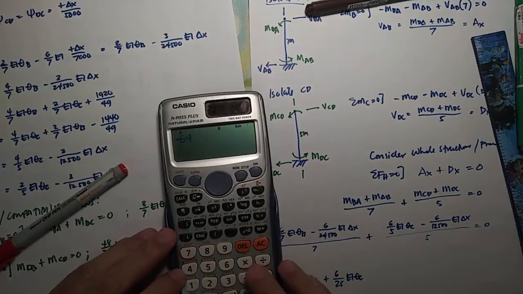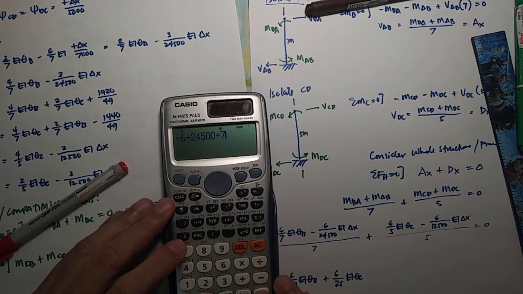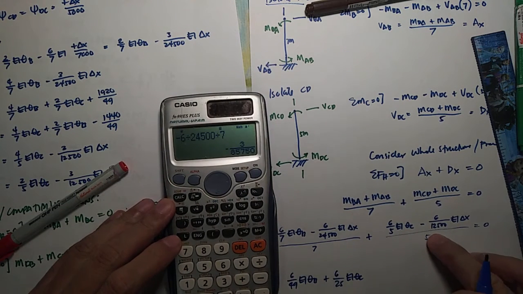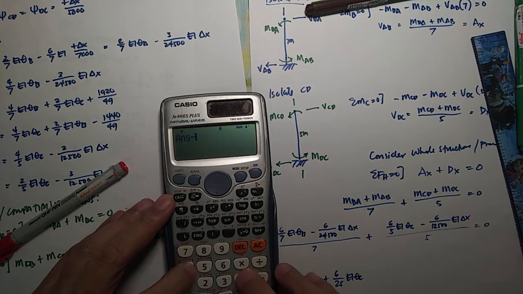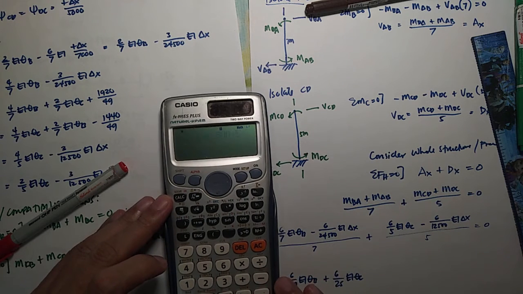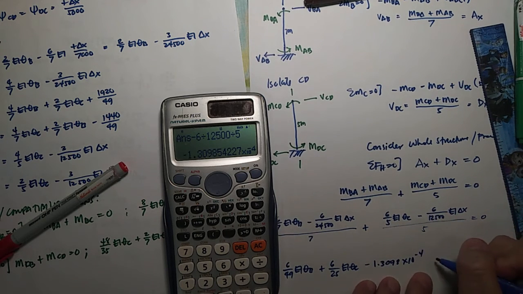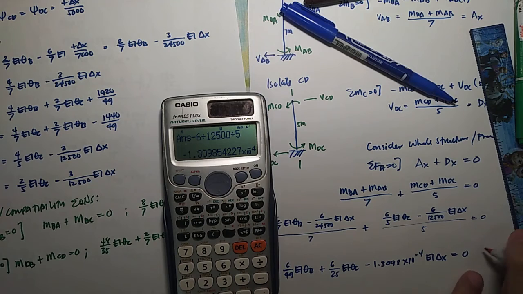So then negative 6 over 24,500 divided by 7. Then minus 6 over 12,500 divided by 5. So it becomes negative 1.3098 times 10 to the negative 4 EI delta X, equals 0. So this would be our third equation na.